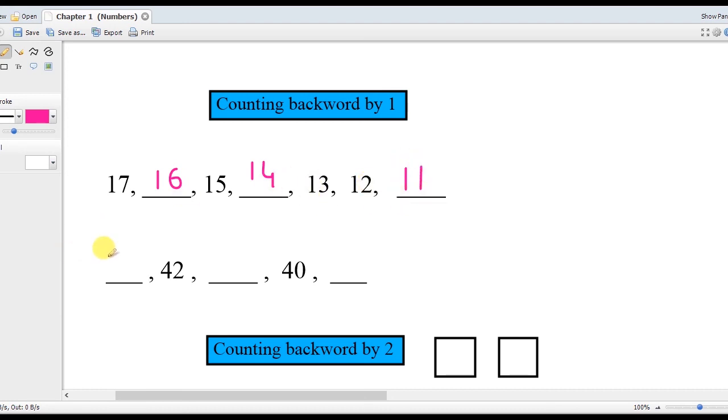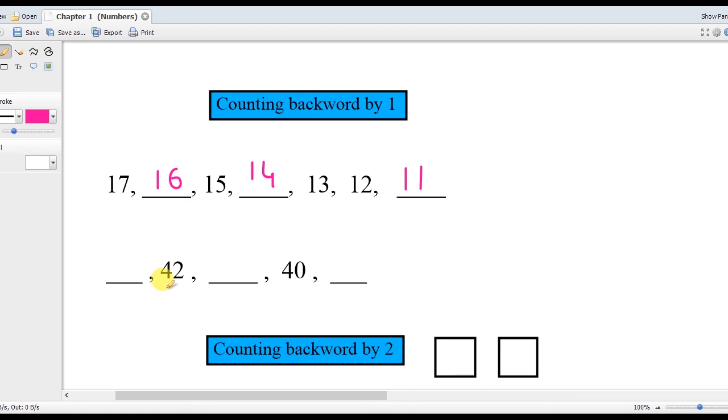What is a number here so that the number before it is 42? Yes, you can give me the answer. Think on it. Let me repeat the question.